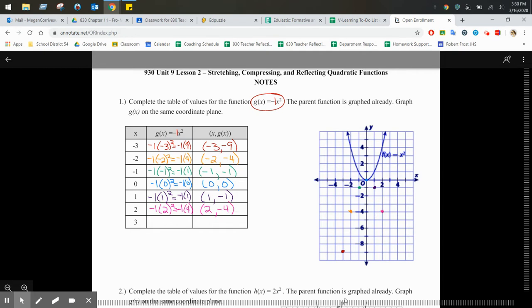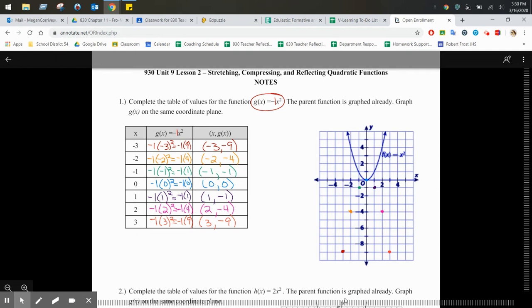Here. And finally, -1 times 3 squared would be -1 times 9. So that would be at 3, comma, -9. 3, -9 is here. So now if I draw in that parabola, hopefully I have plenty of points to do that.